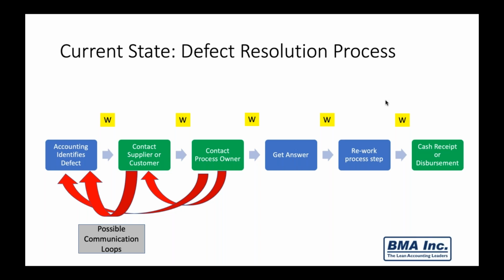And while it is work that has to be done to correct the error, it's really all non-value added work. And it takes up a lot of time. It takes up time in accounting, time with customers and suppliers, and time with the other people in the process.